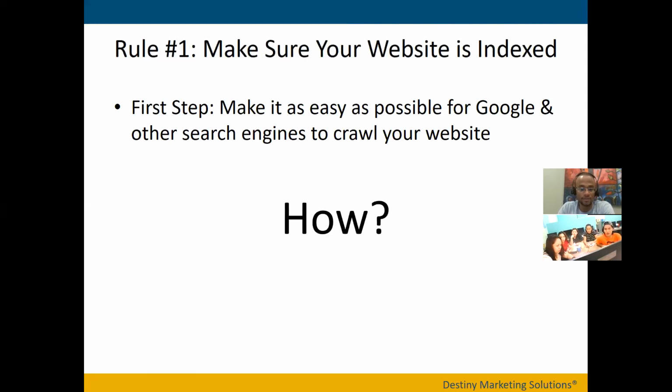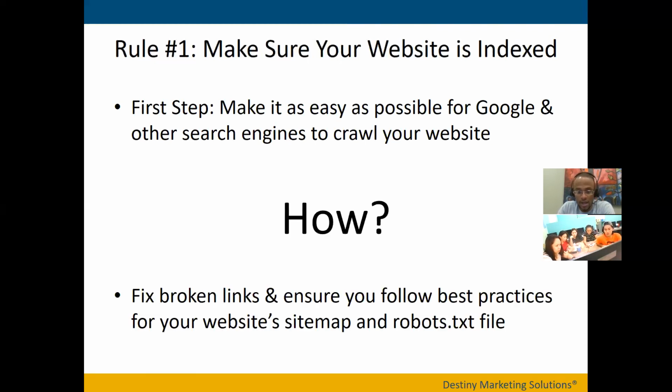So how do you do that? There are three areas that we're going to focus on for today's session: fixing broken links. If a link is broken on your website, you need to be able to not only detect it, but fix it. And you want to ensure you follow best practices for your website sitemap and Robots.txt file.